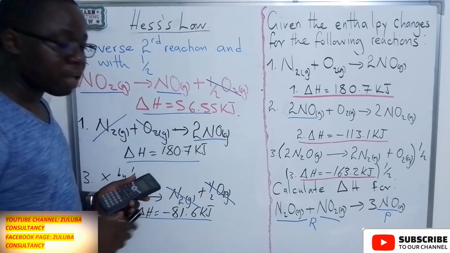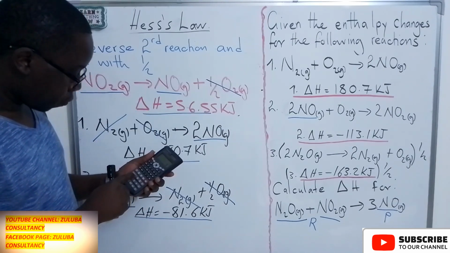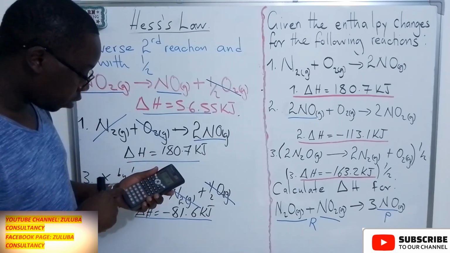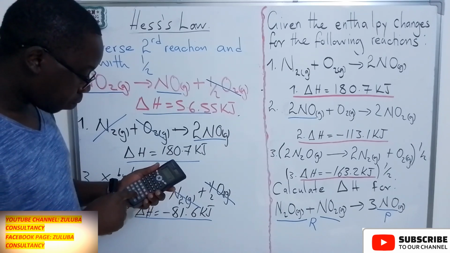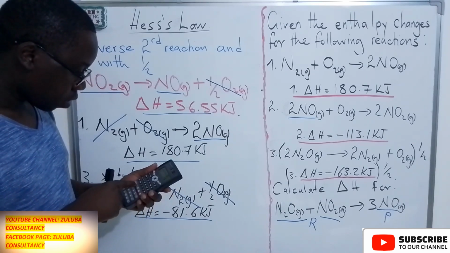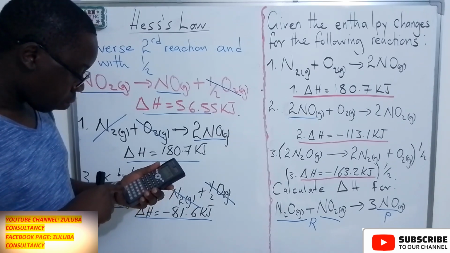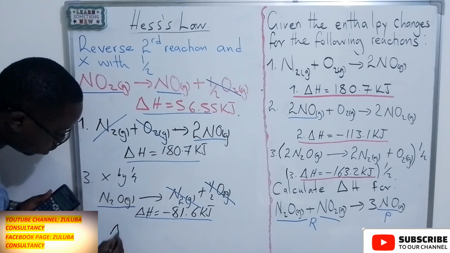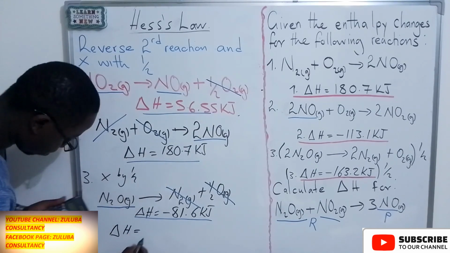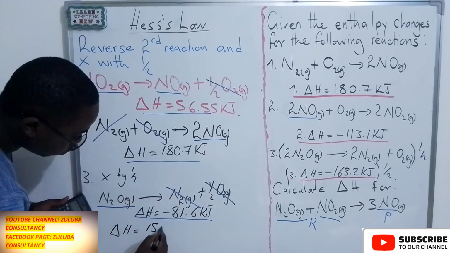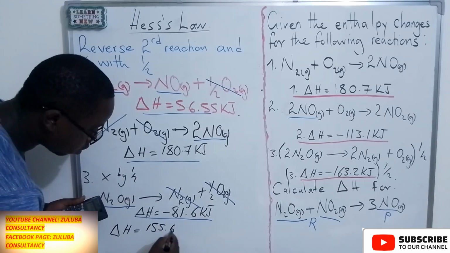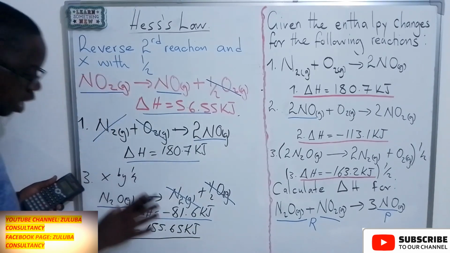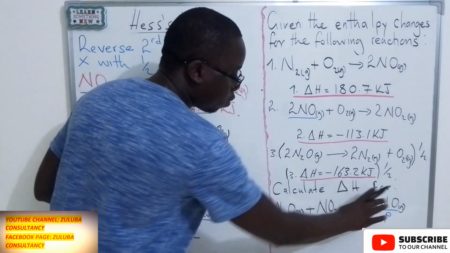Let's add the three enthalpies, that is 56.55 plus 180.7 plus negative 81.6. This gives us the total enthalpy change of 155.65 kilojoules. So this becomes the overall enthalpy change of this reaction.